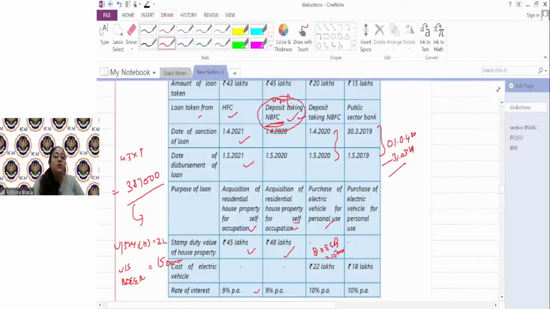So naturally he is out of the scheme of 80EEB. Even if all conditions are satisfied, he will not get it. So remember, before coming to the interest, first you have to see whether the conditions are getting satisfied. Perfect. Now I hope there are no doubts. Generally such questions will come, and nobody will ask which section it will be allowed in. You only have to identify which section it is allowed in. And 80EEA has more relevancy than 80EE.